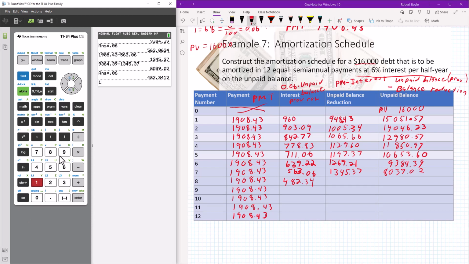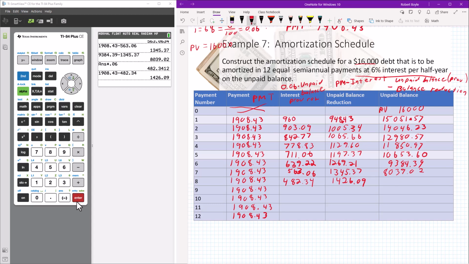That will be 1908.43 minus 482.34, and that means that $1,426.09 will go to paying off the principal, or paying off the balance. So I'm using balance and principal interchangeably.